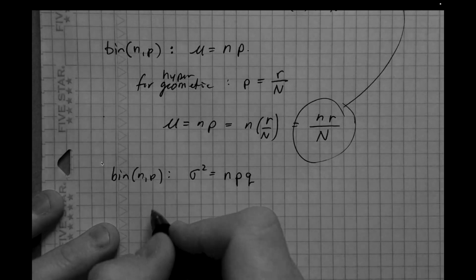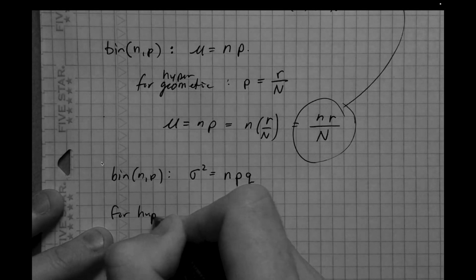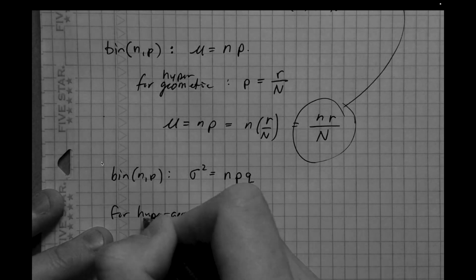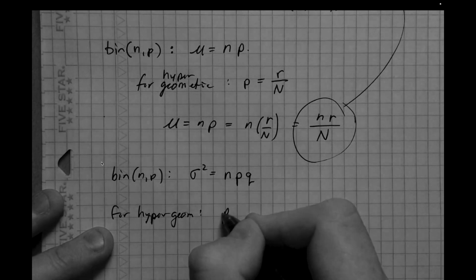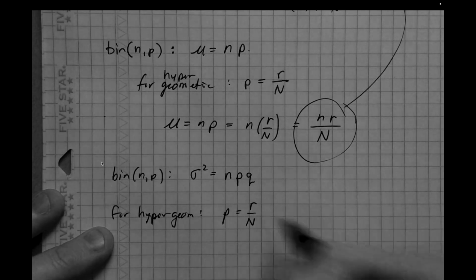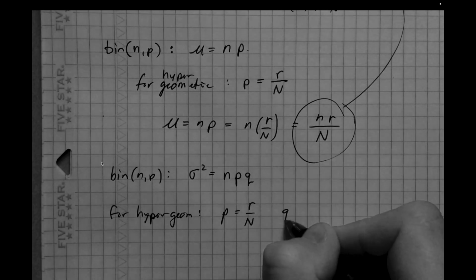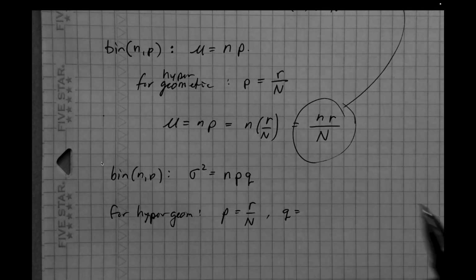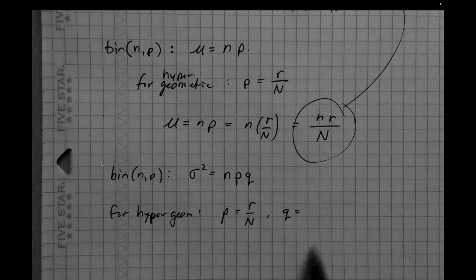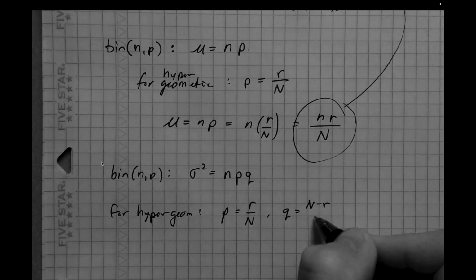Again, for the hypergeometric, the probability of success is r over N. What's the probability of failure then? It's the number of failures in the population divided by the population. If there are R successes, then there are N minus R failures.